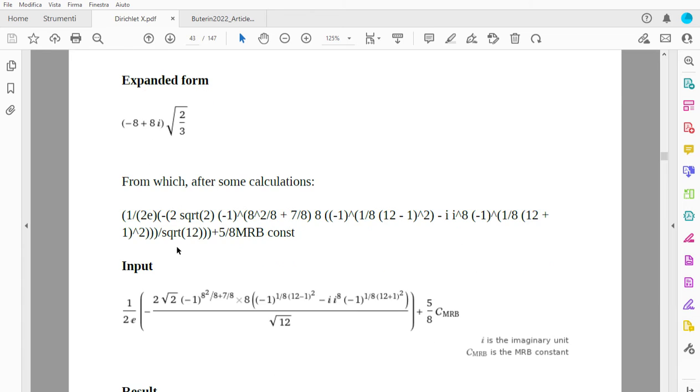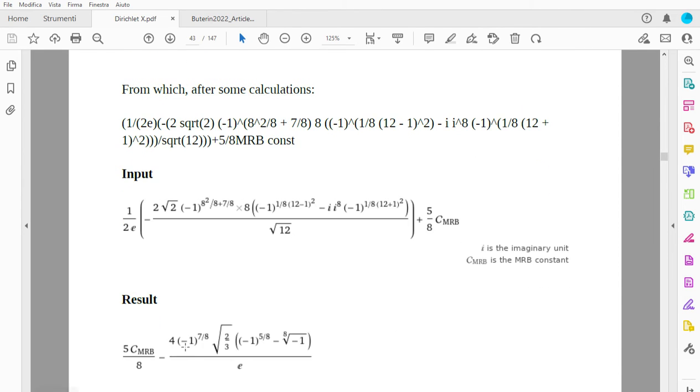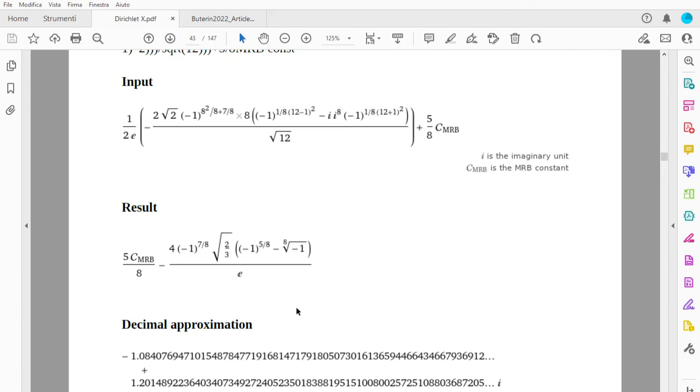Now, from the previous expressions, after some calculation, this is the expression, okay, into the parentheses. So, we have the following results.